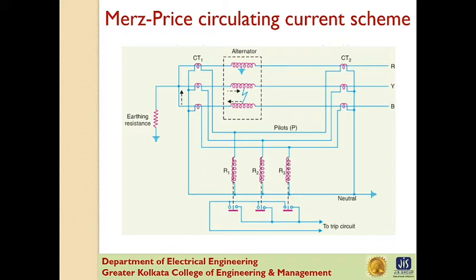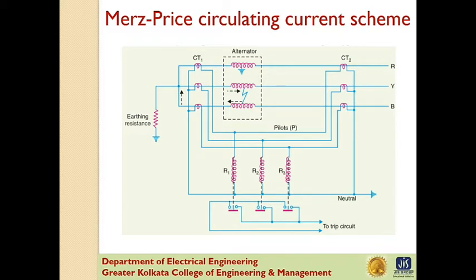And the difference of the two currents will flow through the corresponding relay coil. Here the corresponding relay coil is R1, because R1 is connected with CT1 and CT2 of R phase. So differential current is flowing through this relay coil R1, returning via the neutral pilot.